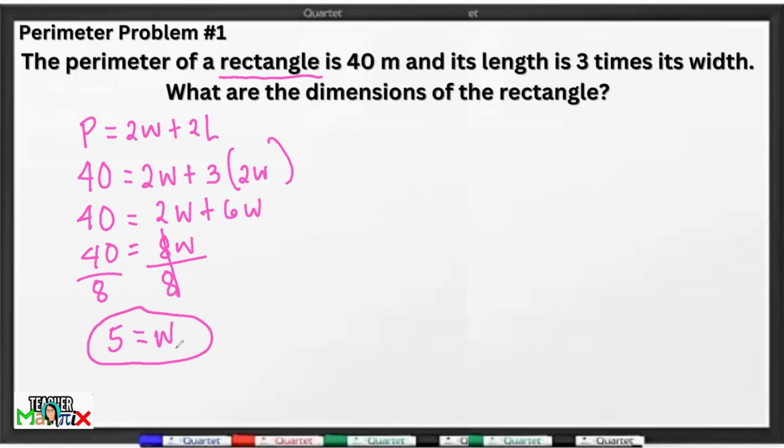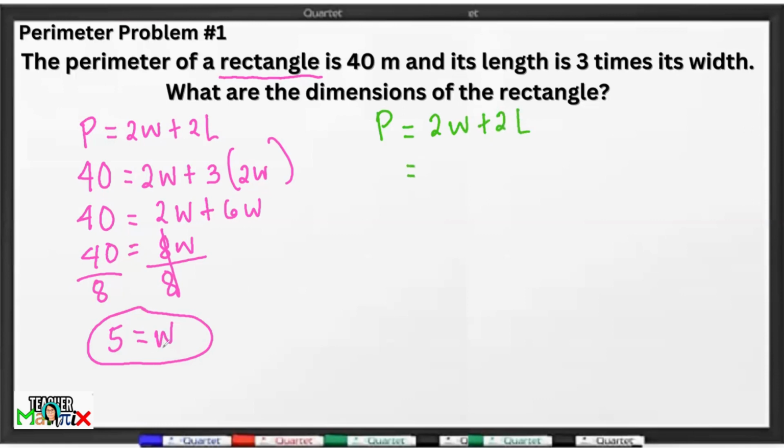Nakuha na natin yung value ng specific width ng rectangle. How about yung length? Okay? Sa length natin, copy yung formula. 2 times width plus 2 times length.